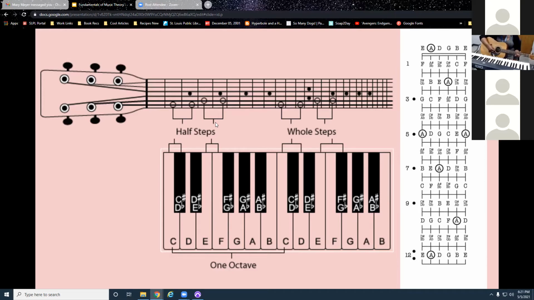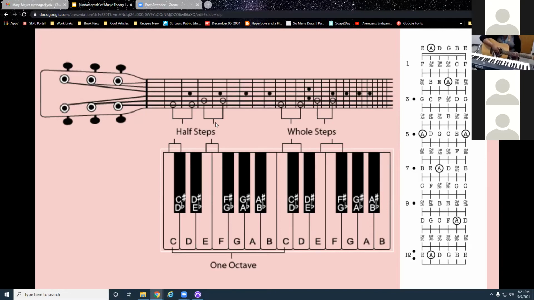And then if you're looking at the chart there, the fifth fret is E. So instead of skipping over a whole fret, I'm going to go to the next fret to play F. Then I'll skip over a fret again to go to G, skip over a fret one more time to go to A, skip over a fret one more time. This is where our chart cuts off, but that's B. And then remember semitone, so we go back and that's C. So C, all the way down to C.